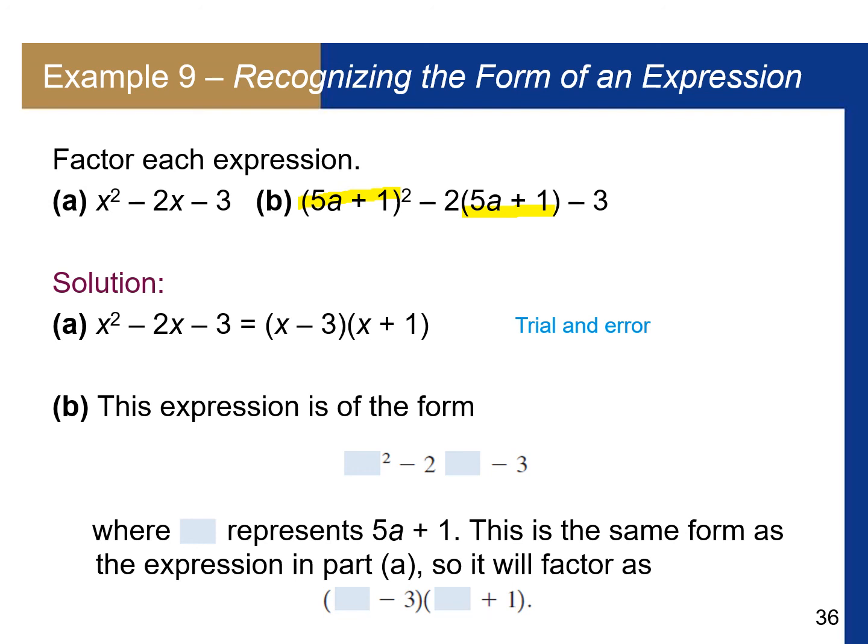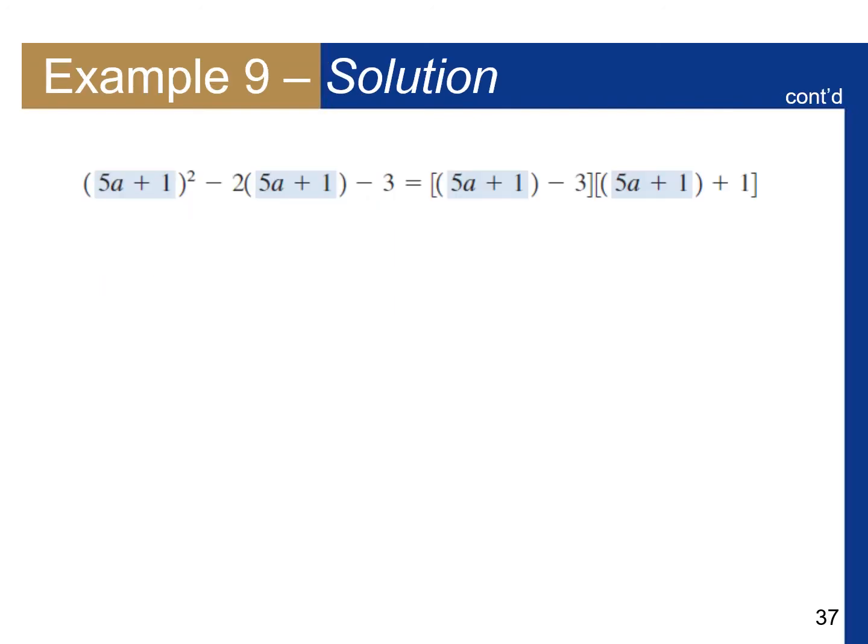So we just did the minus 3 and 1 here, and then you would plug in your 5a plus 1 into these parts. And then you simplify, and you get 5a minus 2, 5a plus 2. Okay?